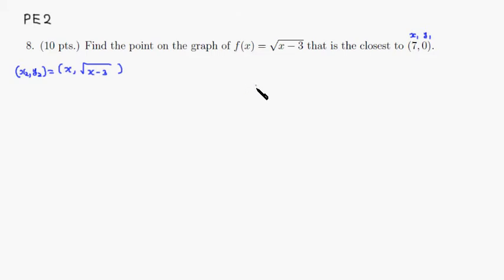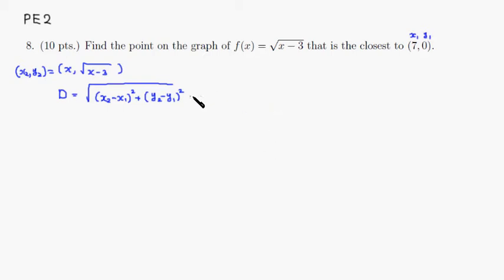Then we can use the distance formula, d is equal to the square root of x2 minus x1 quantity squared plus y2 minus y1 quantity squared.